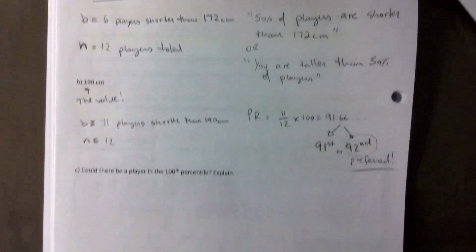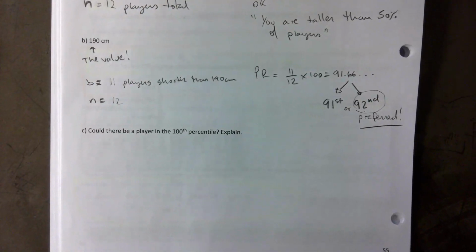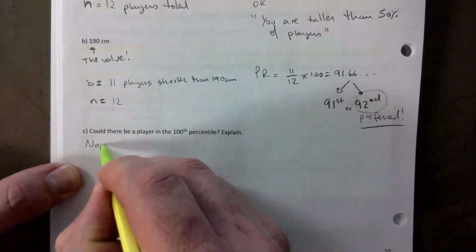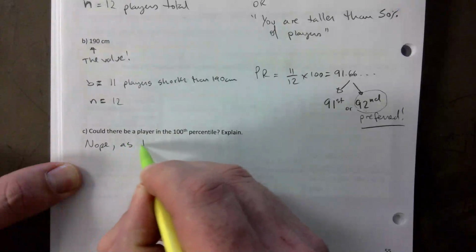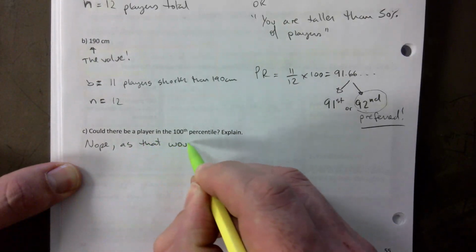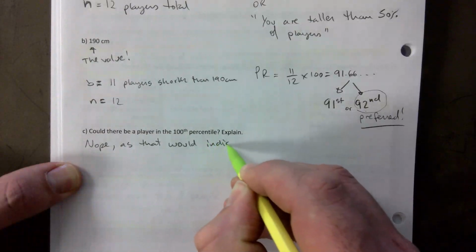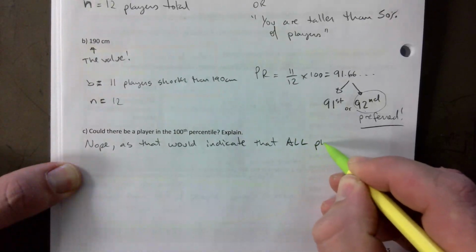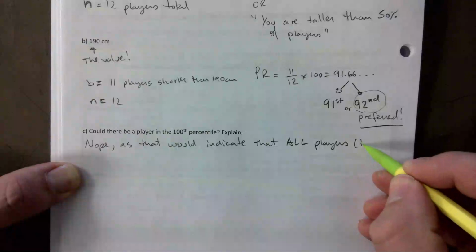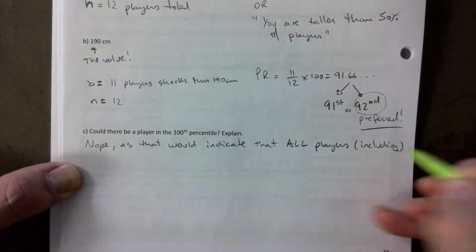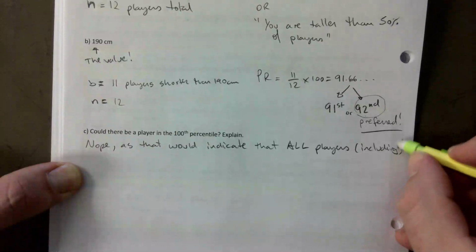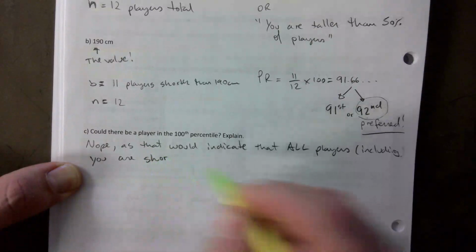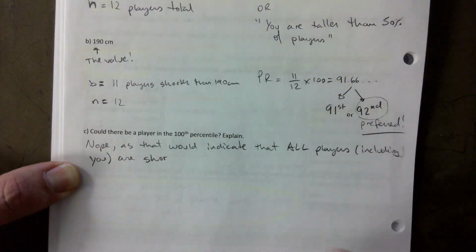Could a player be in the 100th percentile? Nope. As that would indicate, write this down, that all players, including you, are shorter.